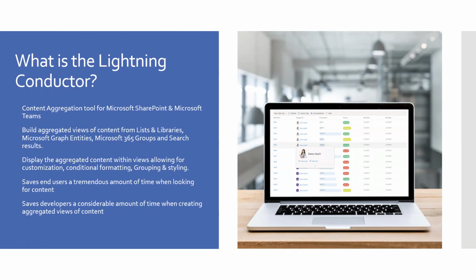So not only are we building views of our task lists and announcements and events that we've always done, but we're also able to hook into things like SharePoint search results, so we can bring in content through the indexed cache, if you like. We can also bring in content from Microsoft Graph entities such as OneDrive and Teams, or even Microsoft To Do and Microsoft Planner and so on.